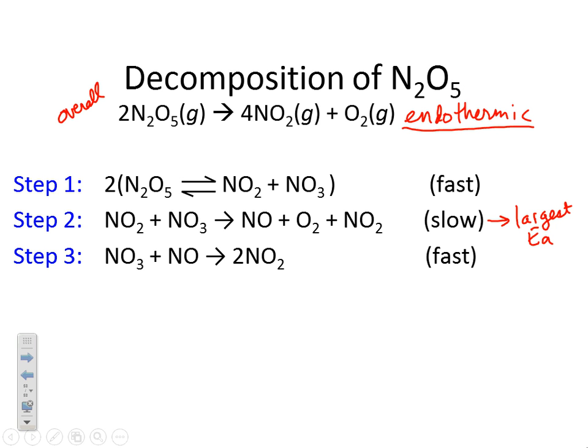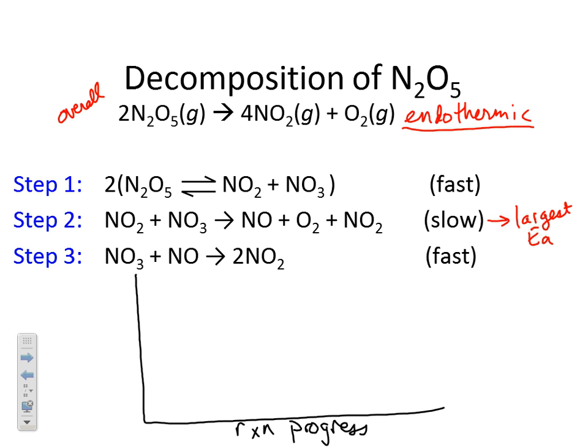So sketching that, we'd have reaction progress on the x-axis, and then potential energy on the y-axis. So I already know that I want it to be an endothermic reaction. So wherever I start, I want to end higher than that, to indicate the fact that it's an endothermic process.